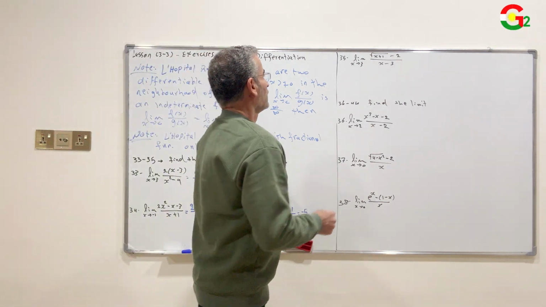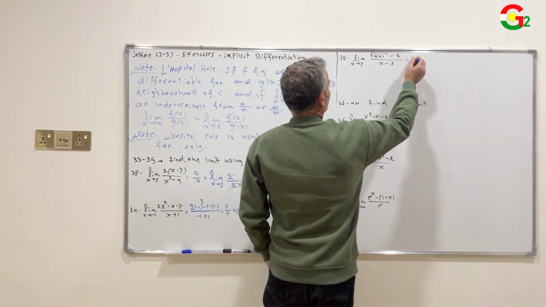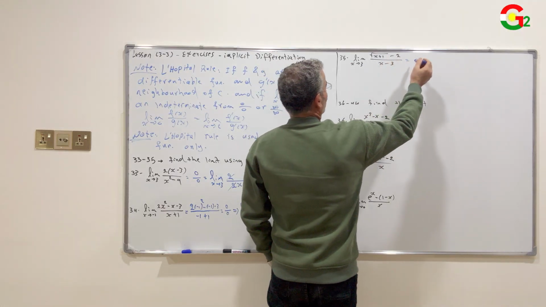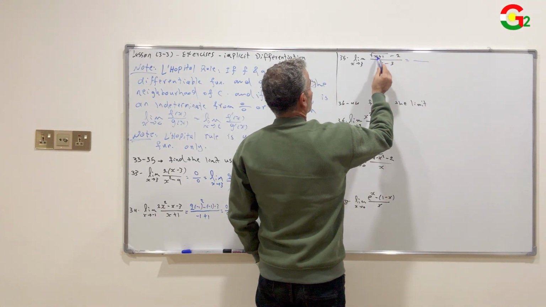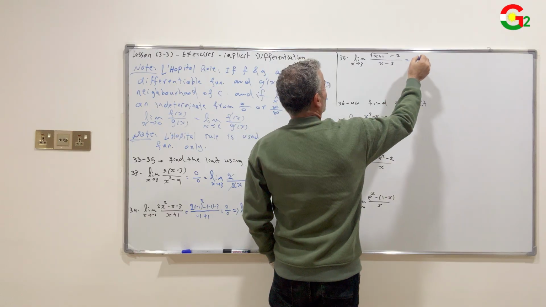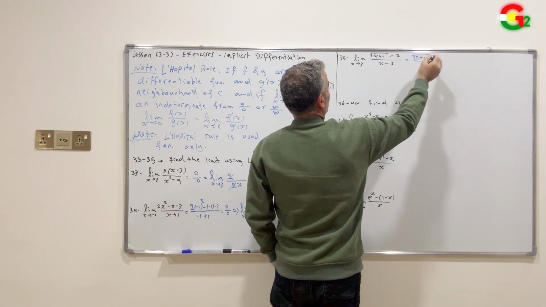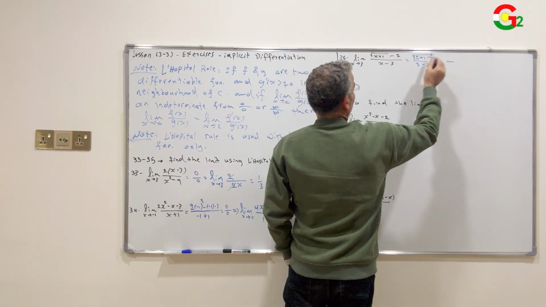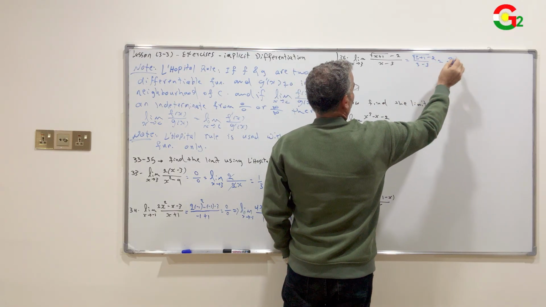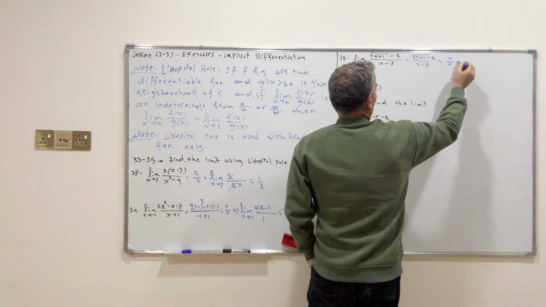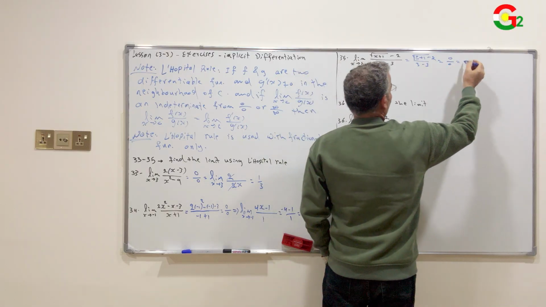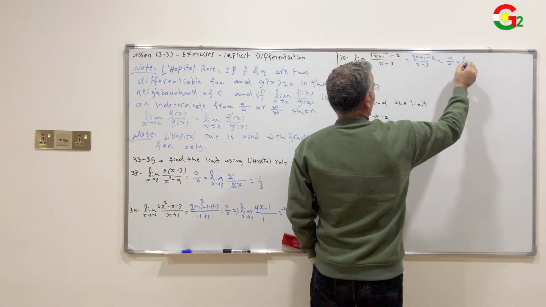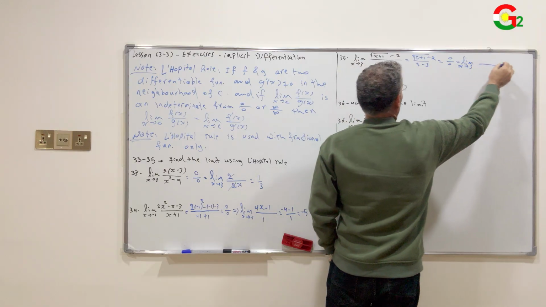Question number 35. Substitute every x with 3: 3 plus 1, 4, square root of 4 minus 2 over 3 minus 3 equals 2 minus 2, 0 over 0. Therefore, differentiate both numerator and denominator to find the limit when x approaches 3.